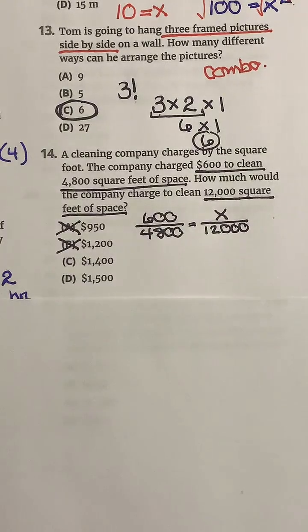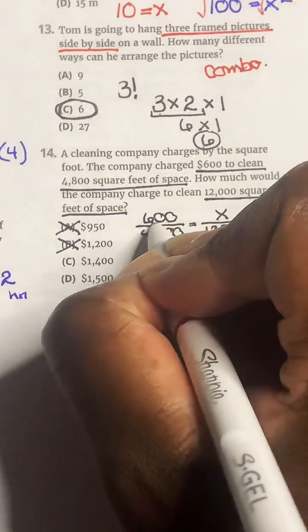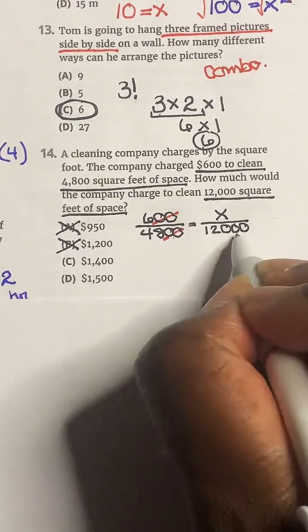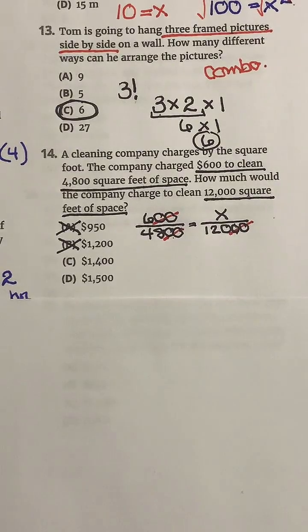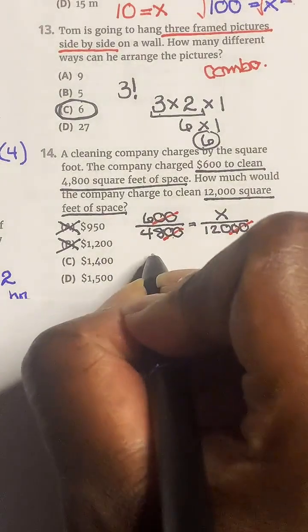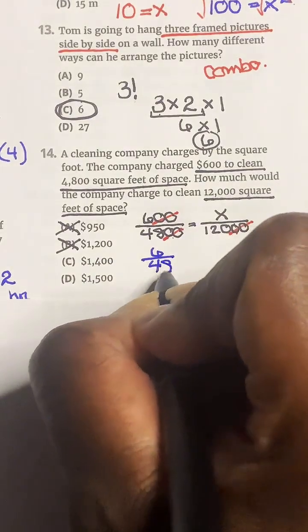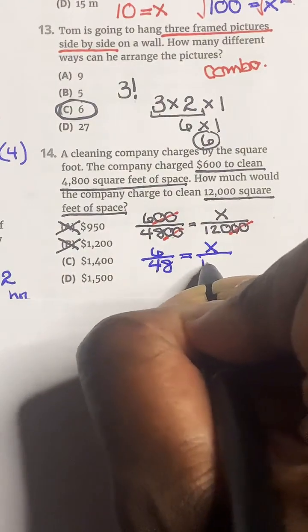This has 2 zeros, let me cancel them out. This has 2 zeros, let me cancel those out. And let me cancel out 2 of these zeros. So now it's basically going to be 6 over 48 equals x over 120.